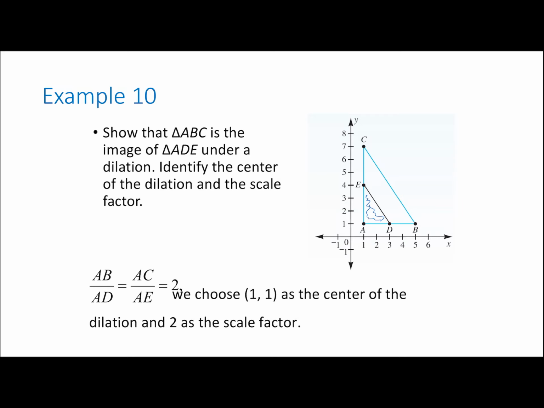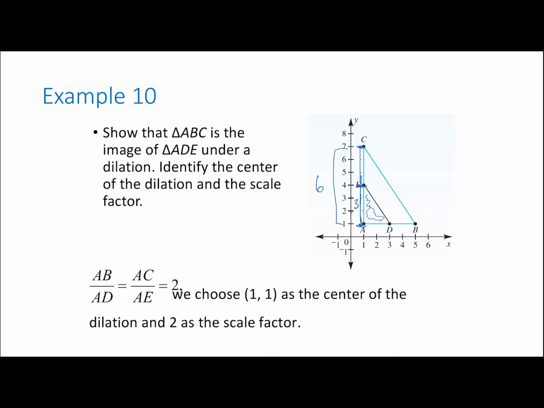How much does this side here change? Originally it was AE, which is 1, 2, 3 units, so it has a length of 3. And now AC has a length of 1, 2, 3, 4, 5, 6 units. So from there to there, 6 units. How did it change? It changed by multiplying by 2.